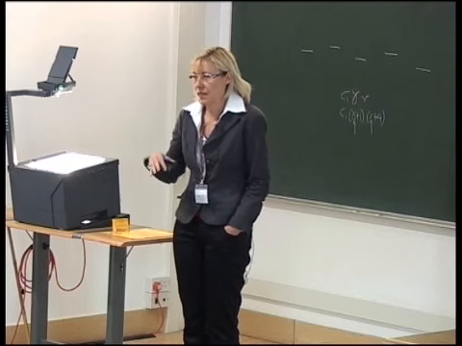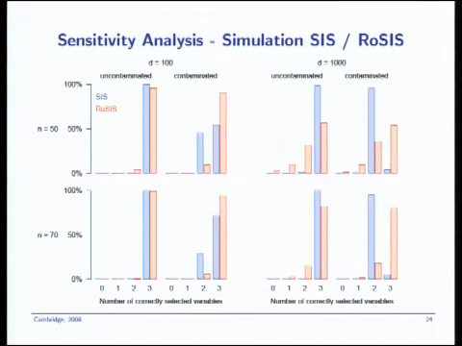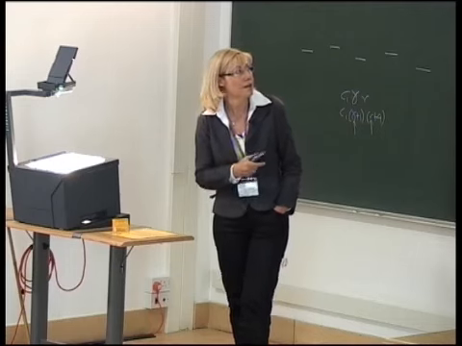In the uncontaminated situation, Rho-SIS pays a little bit. It has a somewhat smaller relative number of correctly finding the true predictors, whereas in the contaminated situation, it is the other way round. The non-robust SIS sometimes finds only 2, whereas the correct number is more often found by the robust version.